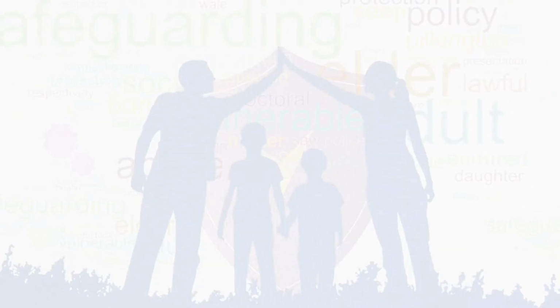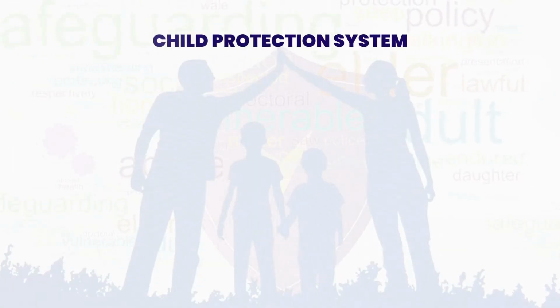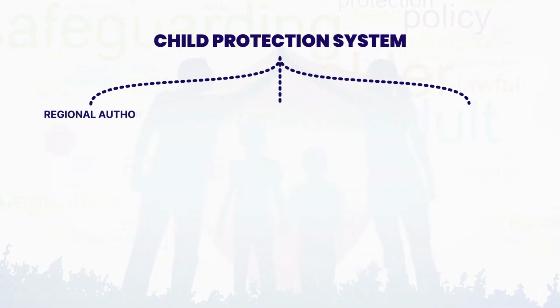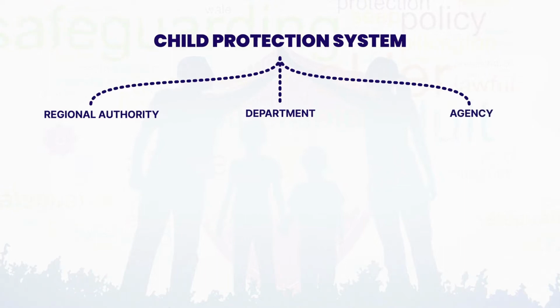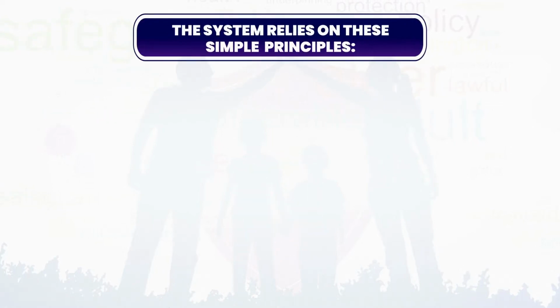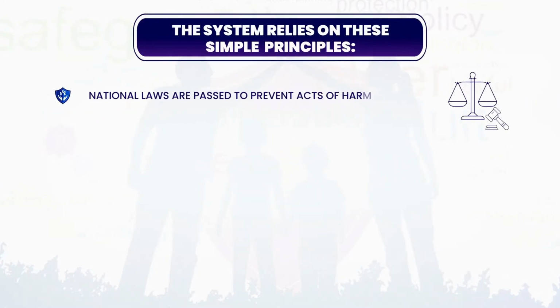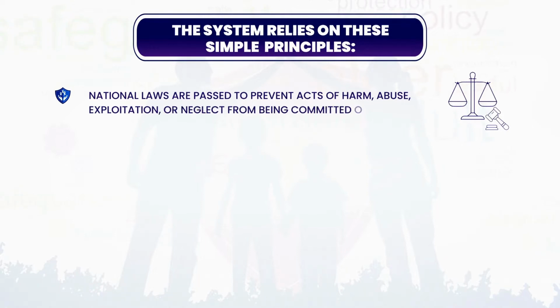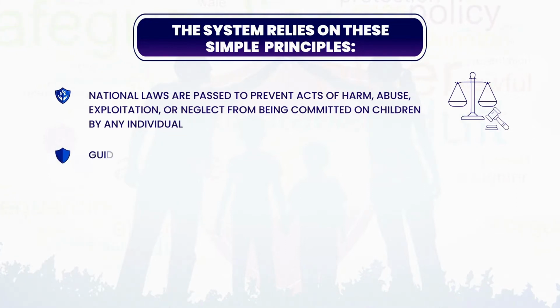As such, the UK currently has a child protection system in place where each regional authority, department and agency plays an important part in contributing to safeguarding children. The system relies on these simple principles. National laws are passed to prevent acts of harm, abuse, exploitation or neglect from being committed on children by any individual.